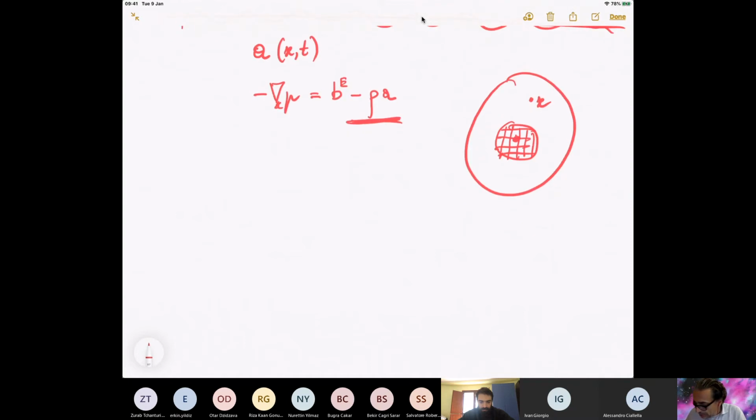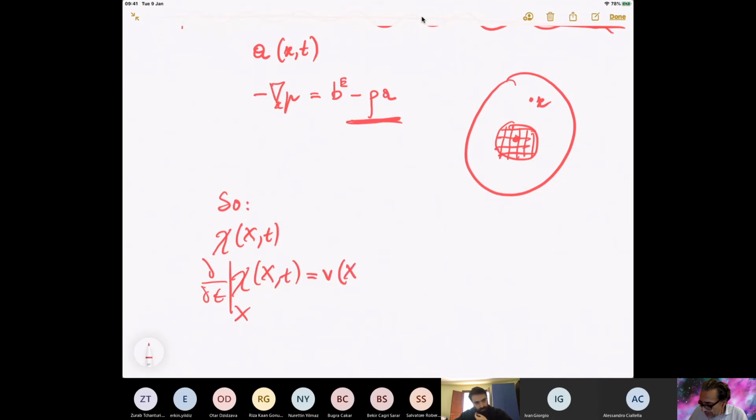So remember, if the velocity, chi of capital X and t, is derived one time with respect to time having capital X blocked, you have the Lagrangian velocity.